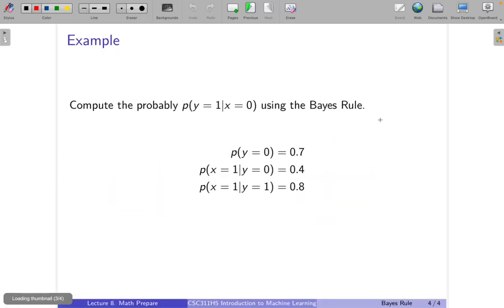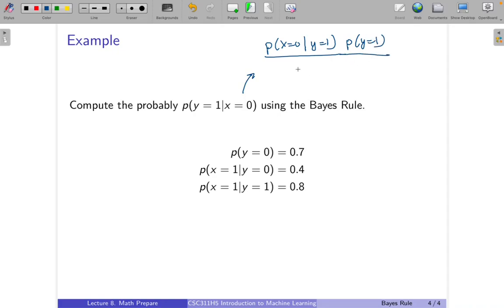So let's apply the Bayes' rule to compute this probability. Well, Bayes' rule tells us that this quantity is just going to be the probability that x is equal to 0 given y is equal to 1, times the probability that y is equal to 1, divided by the probability that x is equal to 0.